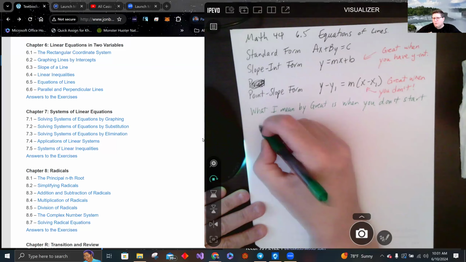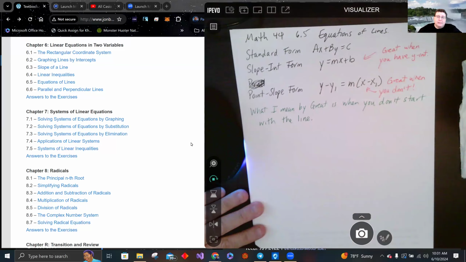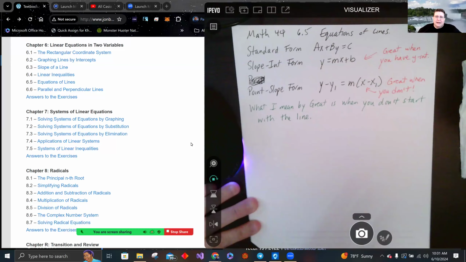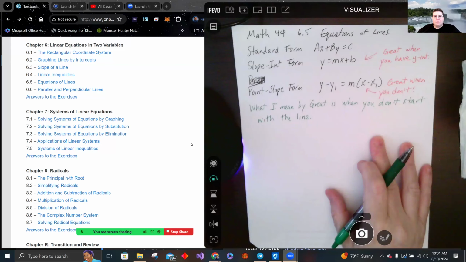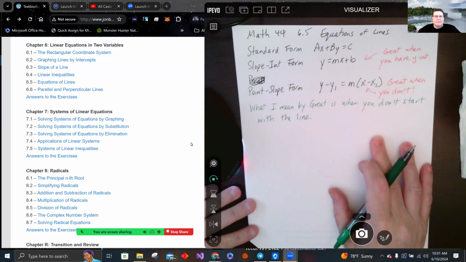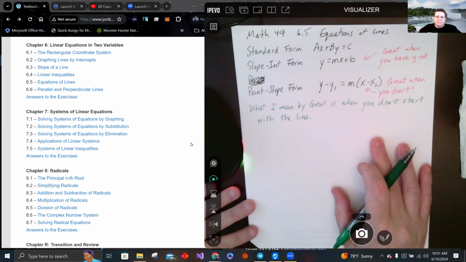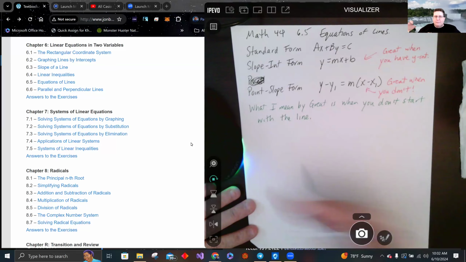In real life, we don't start with the line ever. We start with data points. We collect data and if you're working in business, you'll have made so many dollars for the sale of so many phones or whatever you're selling, t-shirts, hacky sacks, whatever it is your thing. And you'll get a bunch of data points.